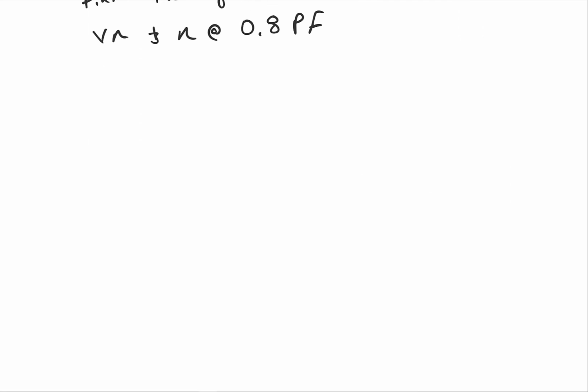Okay, so first we will deal with the results of the open circuit test. And we can compute the magnitude of the excitation admittance, which is equal to, and remember we're working on the excitation branch here, which is a parallel branch, so we're going to work in terms of conductances and admittances.